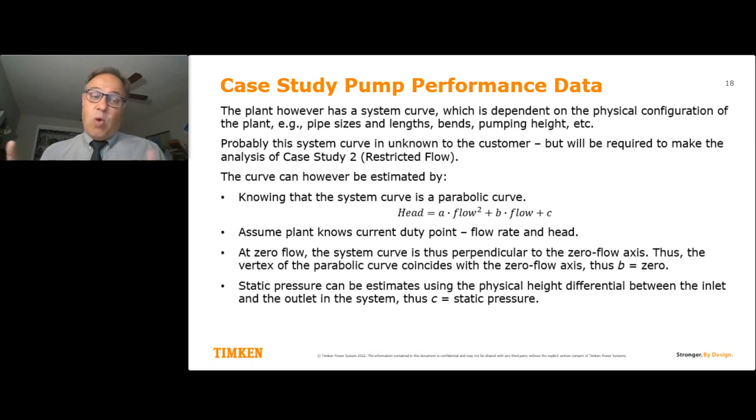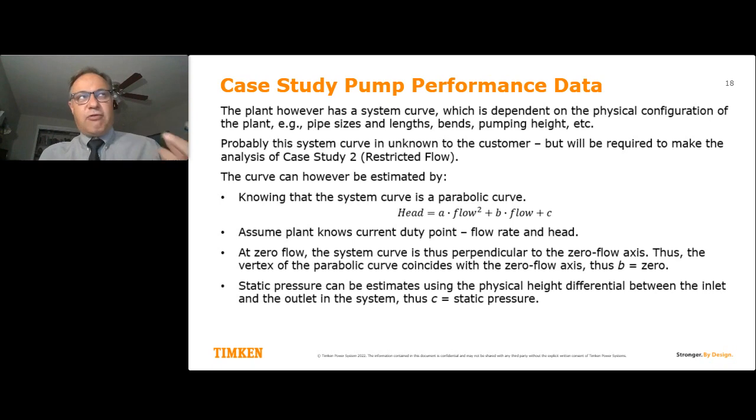Easy to find. What we also know is that at zero flow, the curve is perpendicular to the zero axis. Now, this helps us in our formula, in that the constant B is zero. So we've got head is A times the flow squared plus C. Now, in a static pressure analysis, if we say I have zero flow, in other words, the head is equal to the static pressure, which for the most part is the physical height difference between the inlet and outlet, unless you have significant restrictions, for instance too thin pipes.